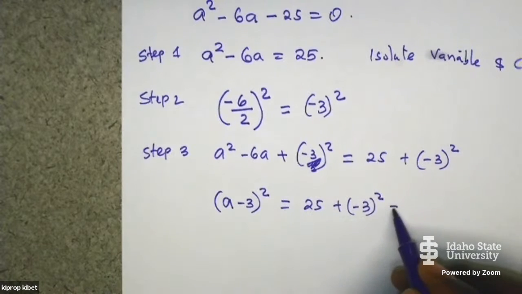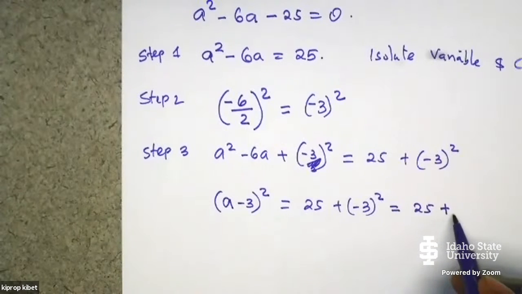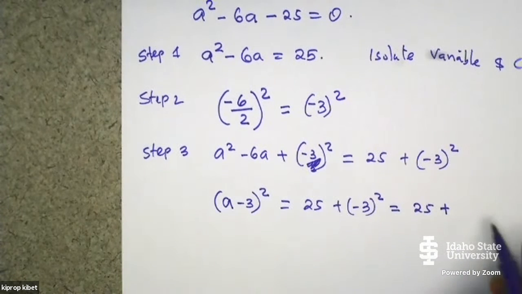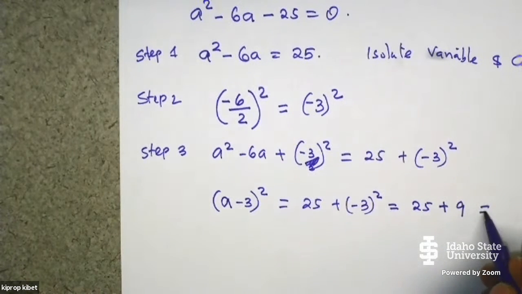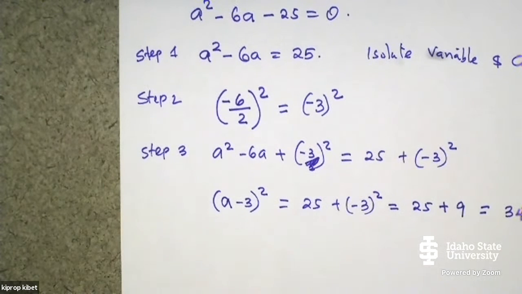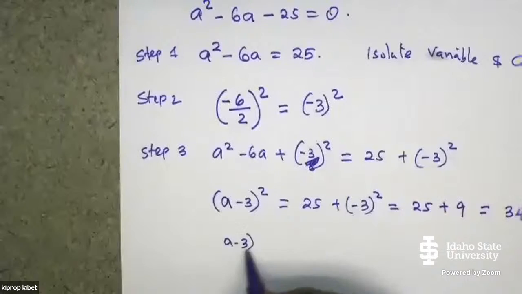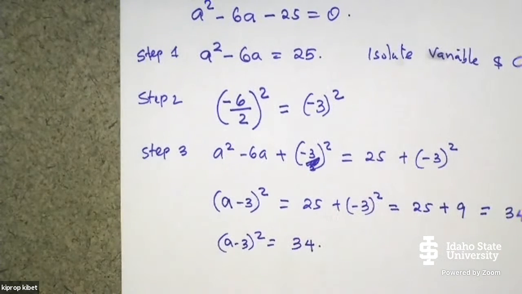And this is 25 plus 9, which equals 34. So therefore, a minus 3 squared equals 34.